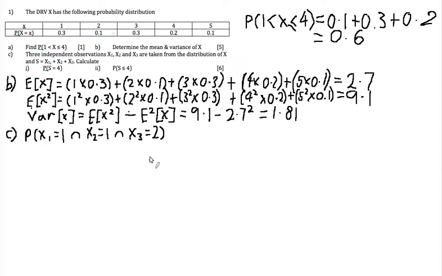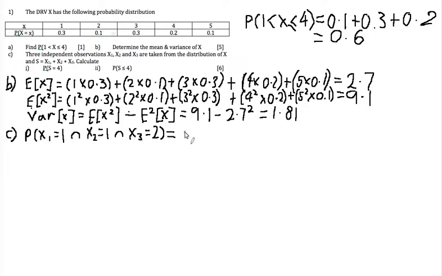Although it might seem tricky at first, the only way we can make up 4 from 3 observations from this discrete random variable is by adding 1 together twice and 2. So all we have to think about is the different orders that we can add 1 plus 1 plus 2.